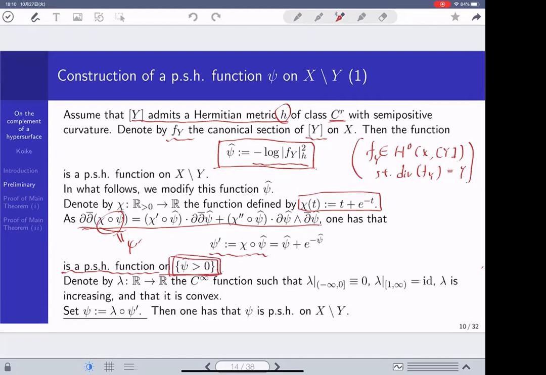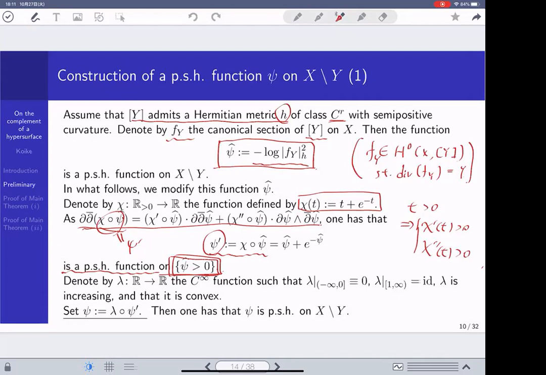I mean, if t is positive, then this one is positive and this one is also positive. So this psi prime is a pre-subharmonic function on the domain defined by psi hat being positive.